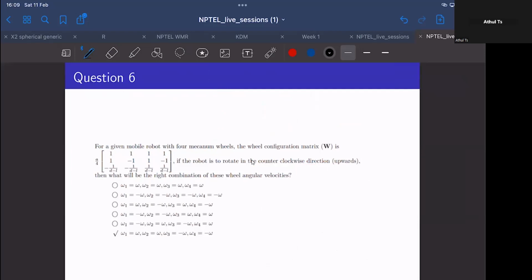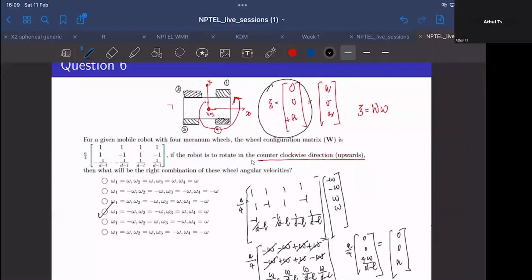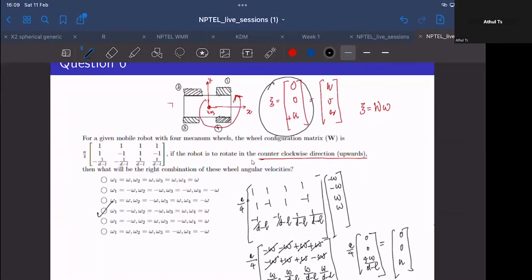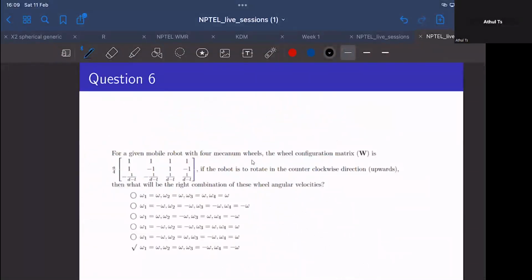Okay, I think we made a mistake somewhere. I think I have made a mistake in this option. Option 4 should be the correct option, not option 6.